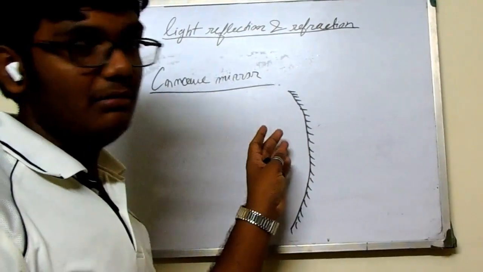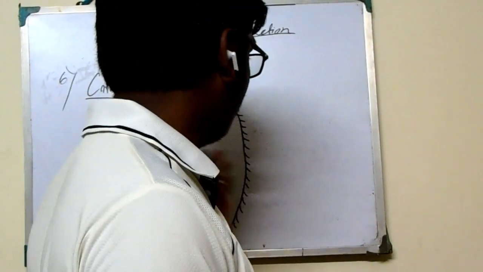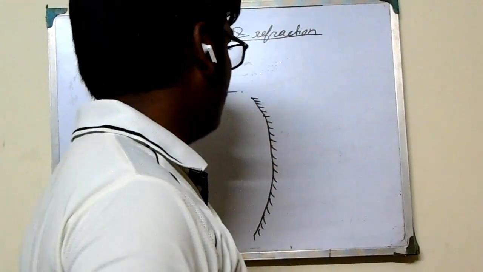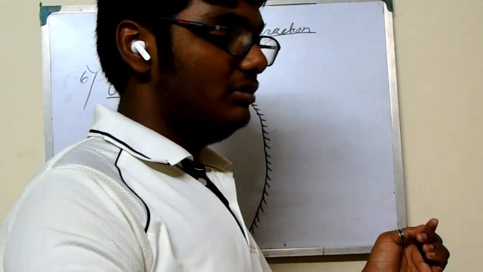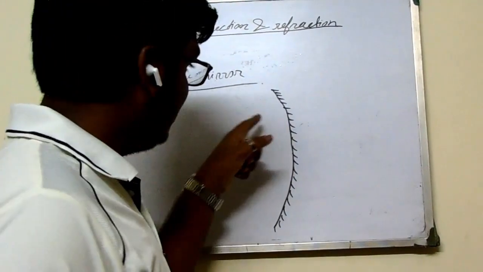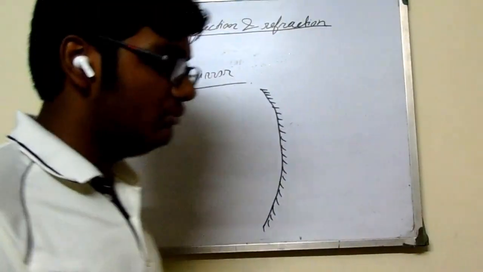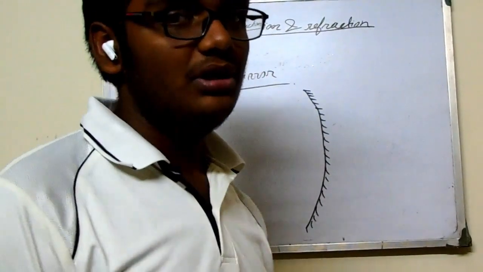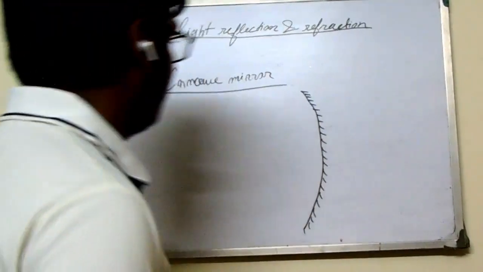No need to draw this diagram, you just need to understand, because there are so many properties of the concave mirror given in your NCERT book, and many ways shown in your NCERT book of how the rays are coming and where the rays are meeting or where the image is formed. As we know, the purpose of a mirror is to see our image. So where the image will be formed, there are many cases. We will see that.